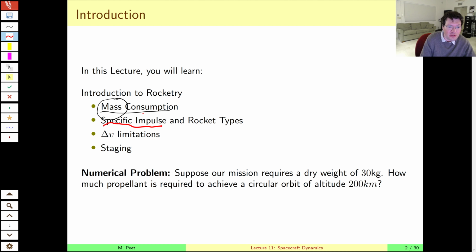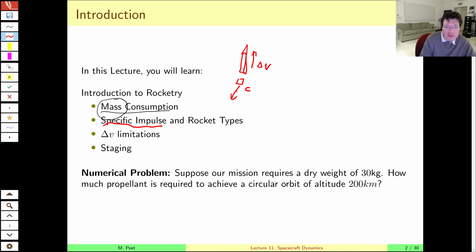So the faster you can spit mass out the back of your rocket. So let's see, here's your rocket. Oh, it's a terrible rocket. So here's your rocket. You spit mass out the back in the form of propellant. That makes your rocket go forward, right? And so, of course, the faster you can spit mass out the back of the rocket, the faster your rocket's going to go the other direction.